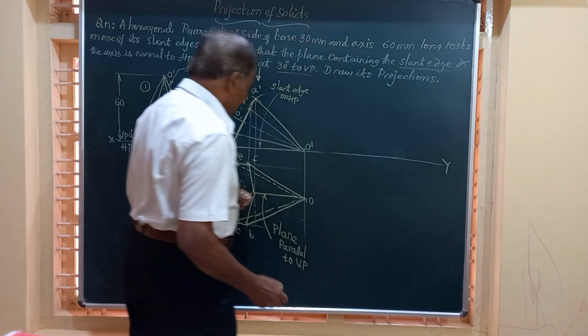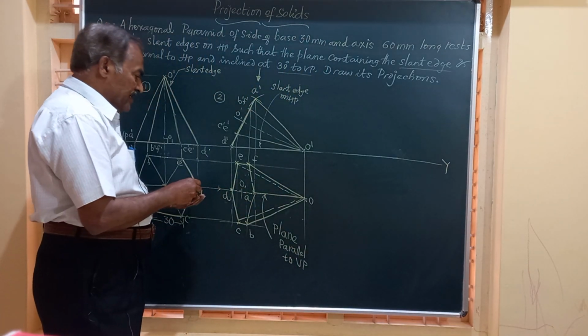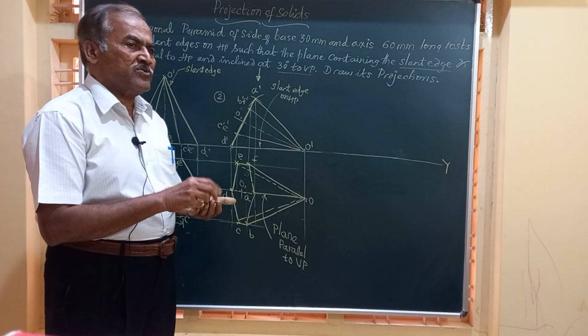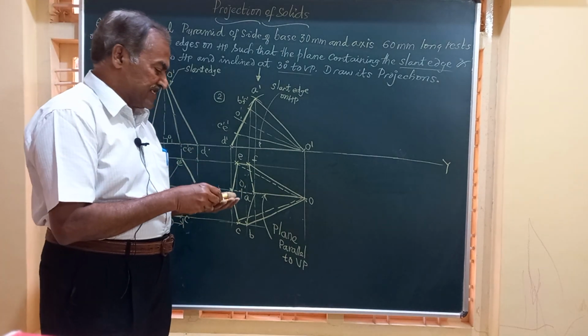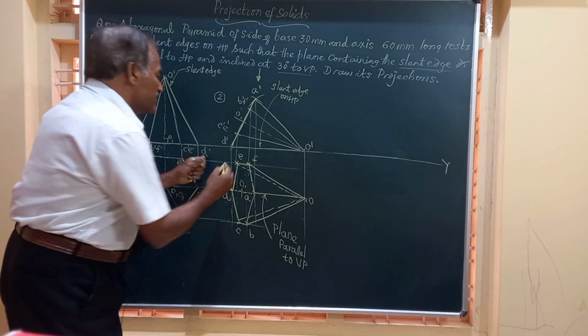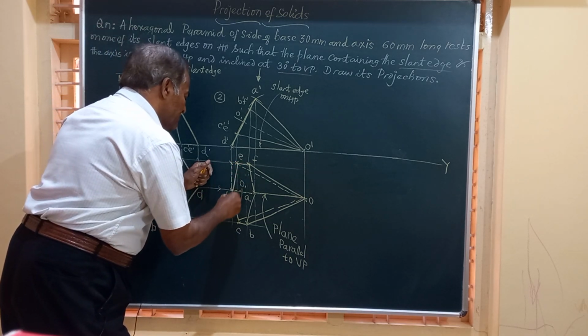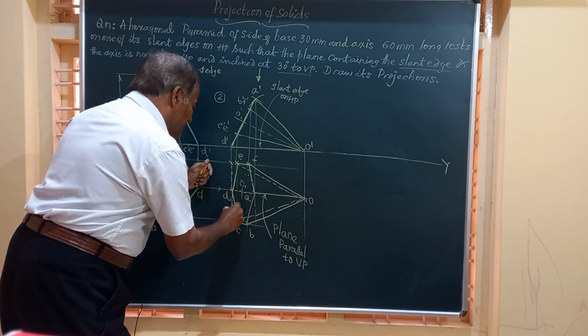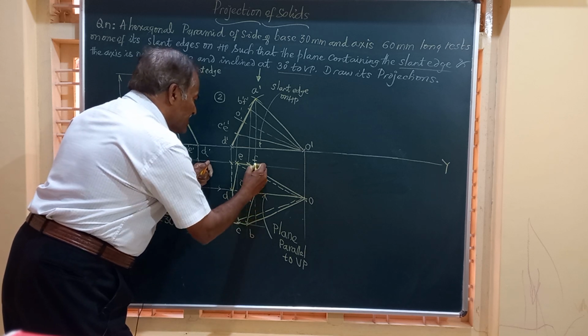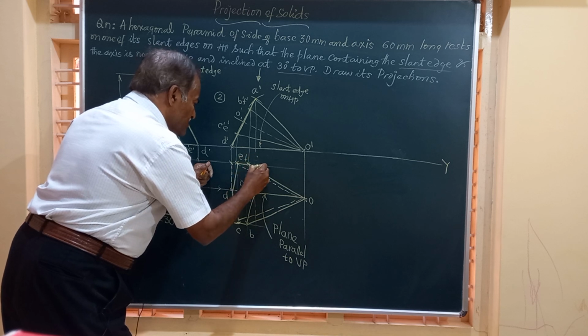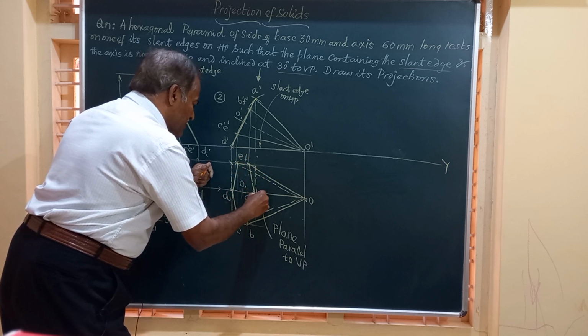So what is to be done now? Before drawing, to get the correct base of the solid, we have to enclose this base in a rectangle. I will show that by dotted lines, only construction. To redraw this figure, I have to enclose that in a box. That is PQRS we will call.